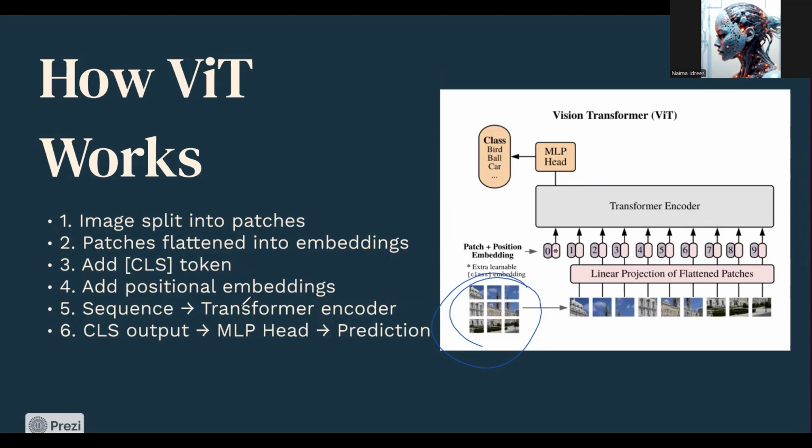And this input image is divided into small fixed-size patches, just like cutting a photo into puzzle pieces, right? For example, if you have a 224 by 224 image with three channels, then this is split into 16 by 16 patches. We will see this in our next slide.